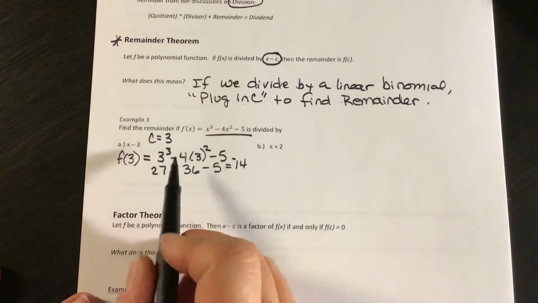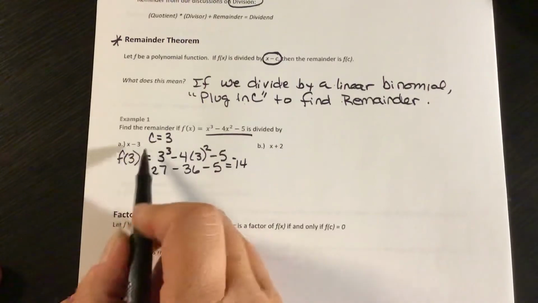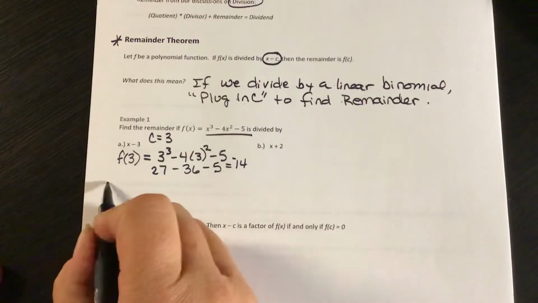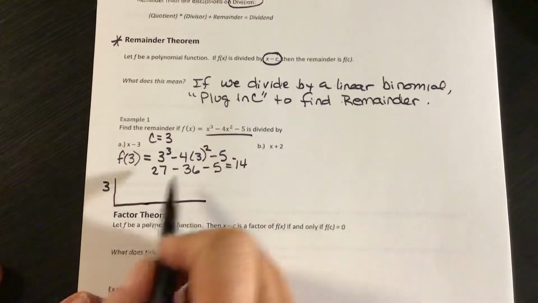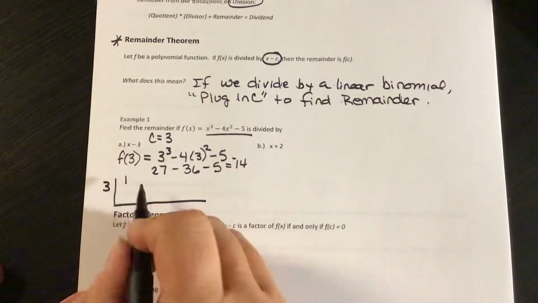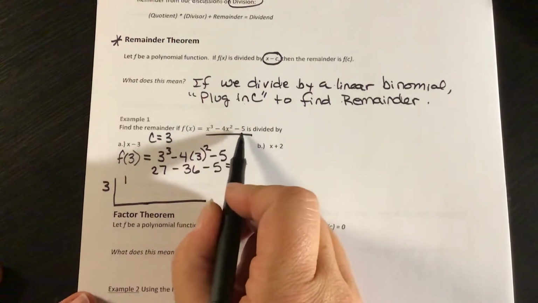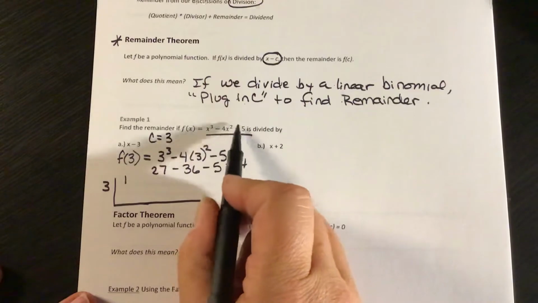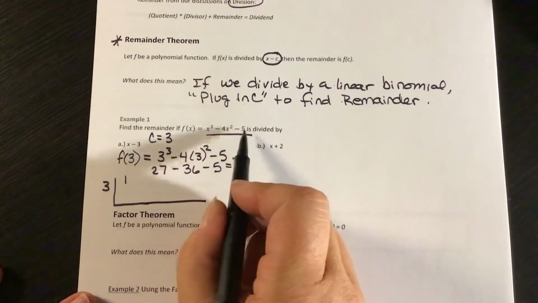If I were to divide by x minus 3, and we're going to use synthetic division here, so if I take 3 here and I write my coefficients in order, I have a 3, and I'm missing an x term here, so I'm going to have to hold the x term with a 0, and then the constant.